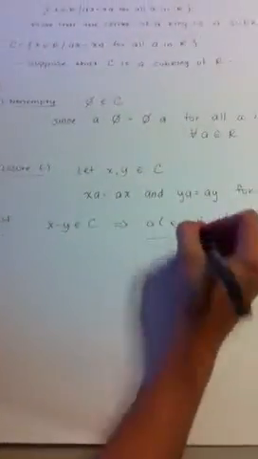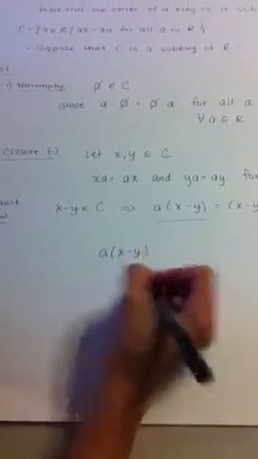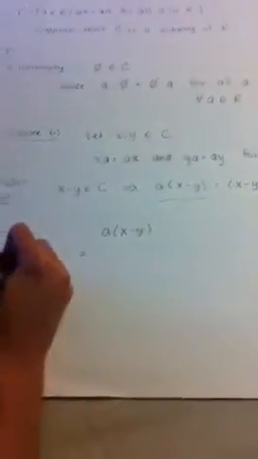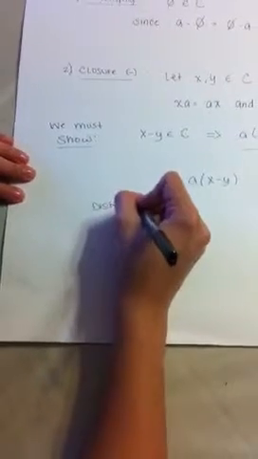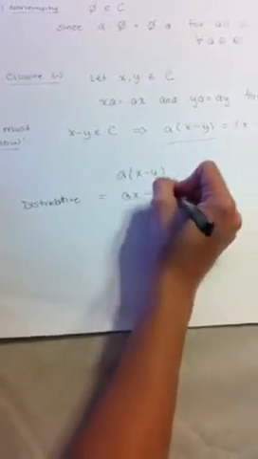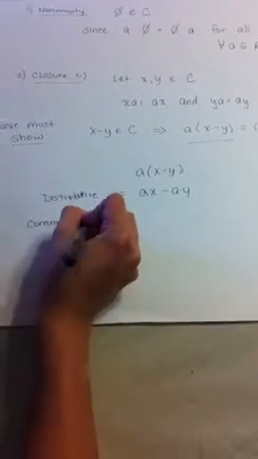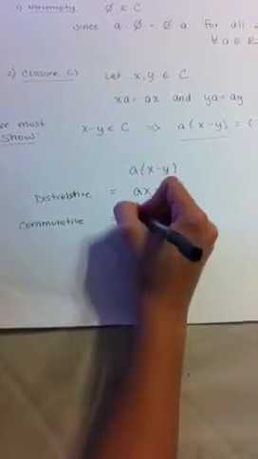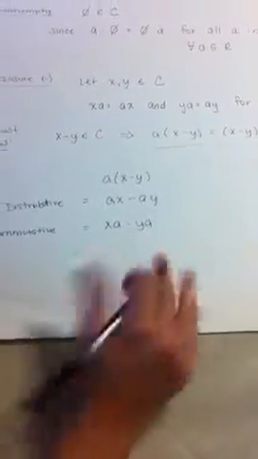We will start off with our first one. We have A(X minus Y). We will then apply the distributive property, and we will get AX minus AY. Now we will apply our commutative property, and we will get XA minus YA because we change the order.